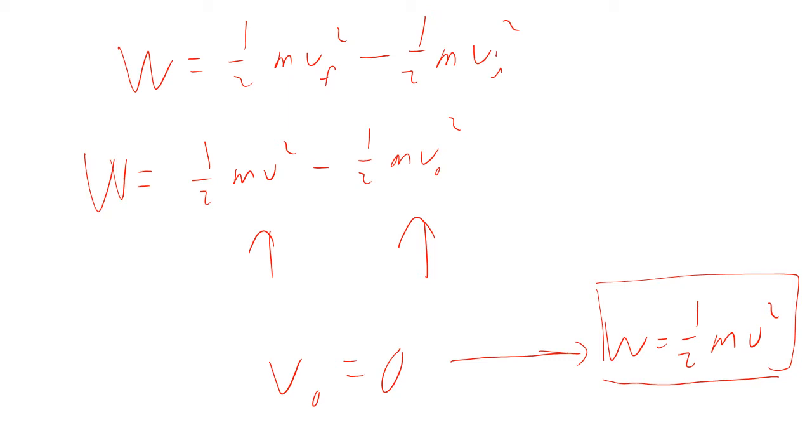So that is the total work, which means that's the total energy. Now, it's moving with velocity v, so we would say this is the energy of motion, or kinetic energy. Remember, work is change in energy.